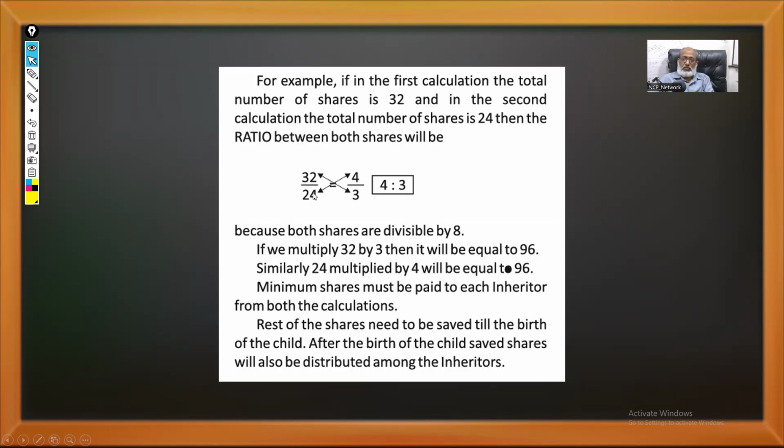So we will find the ratio of both, and after getting the ratio, we will cross multiply so that we can get the common denominator. After simplifying, the common denominator is 96 in both cases.